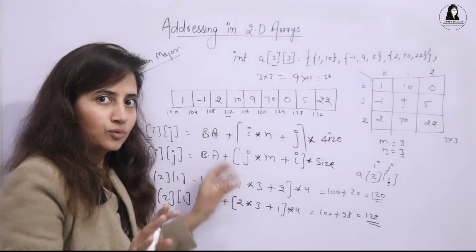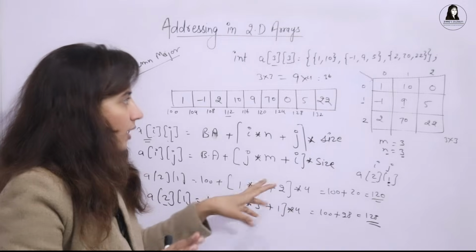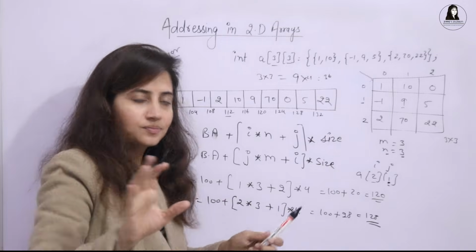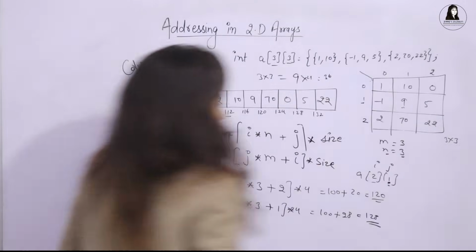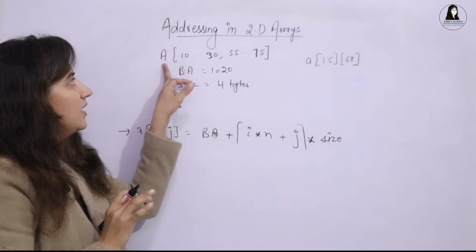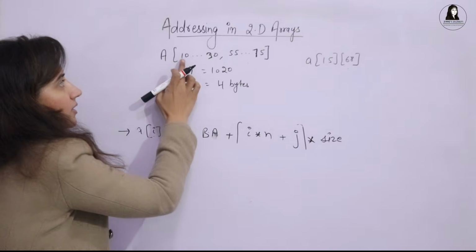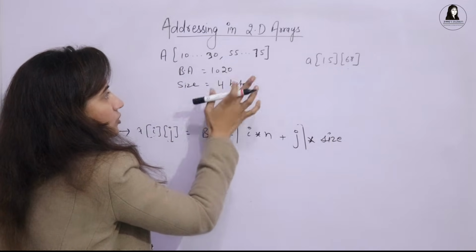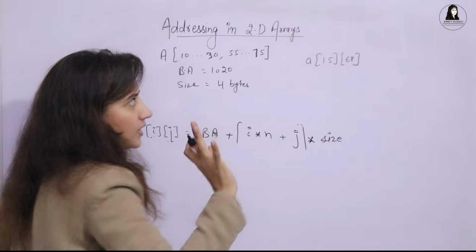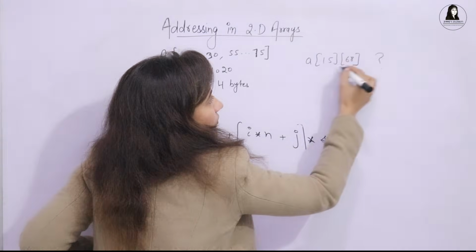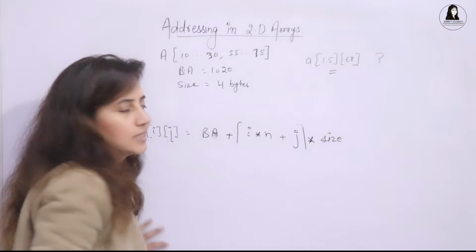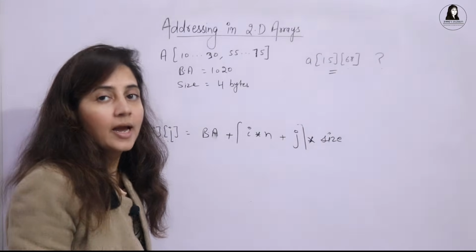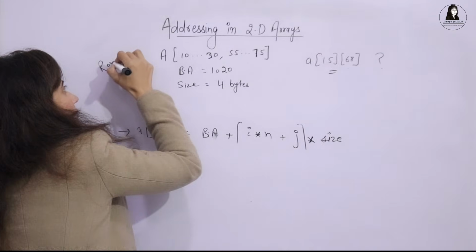That is why this is the simple formula. But if the question is something like this: we are given an array A[10...30, 55...75]. Base address 1020, size 4 bytes for one element. You have to find out the address for A[15, 68]. And the representation is row major.